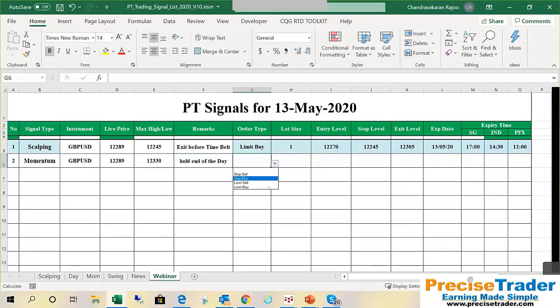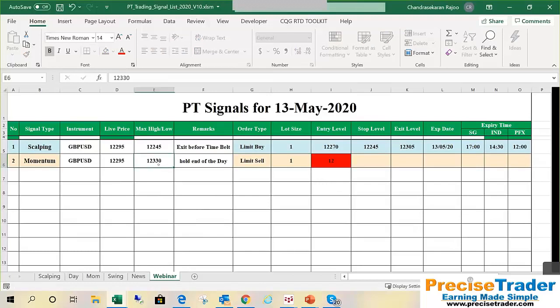So this is going to be a limit sell. Again, this is one lot. Now we want to sell at 123.30. The maximum high is 123.75, so probably I want to enter at 123.30 and put a stop above 123.80.